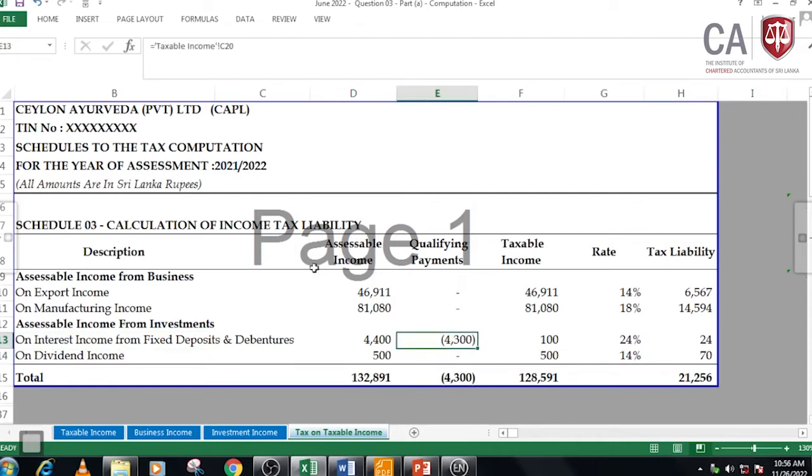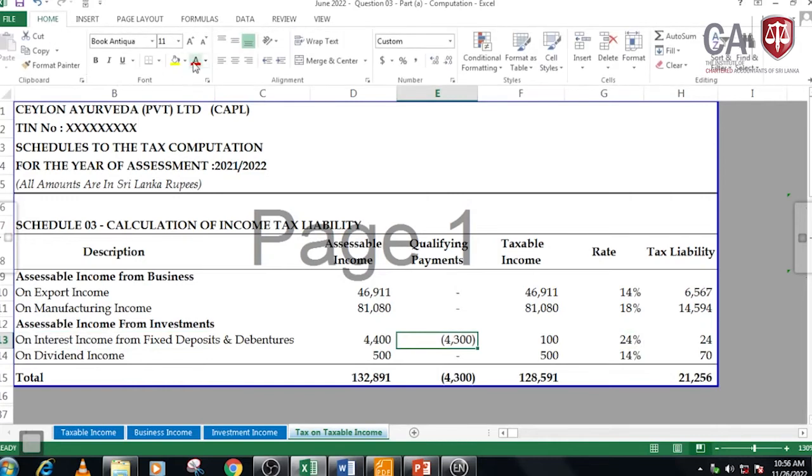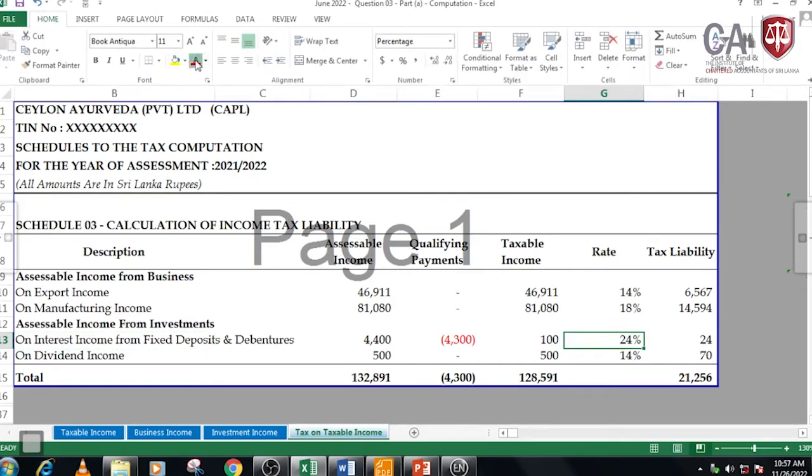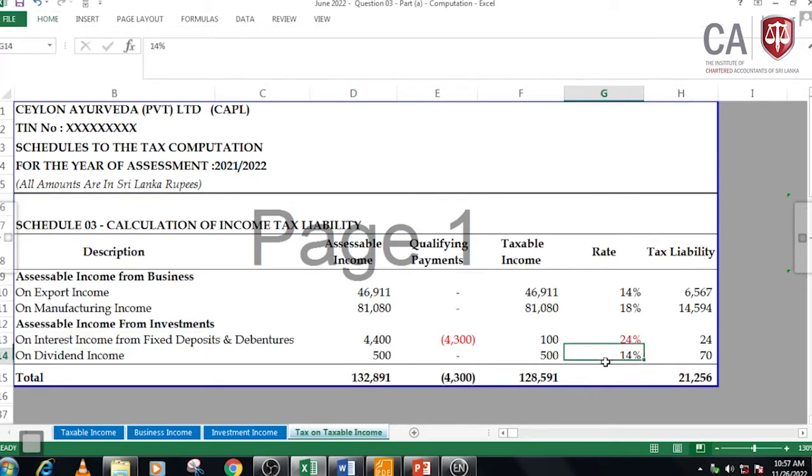When applying the qualifying payments, what I have done in the assessable income: it has not given a restriction on which assessable income to apply it to. It's given as deductions from the assessable income, from the total assessable income. Then whatever good method you can apply. From the tax planning perspective, I have deducted this from the 24%, the higher tax rate.